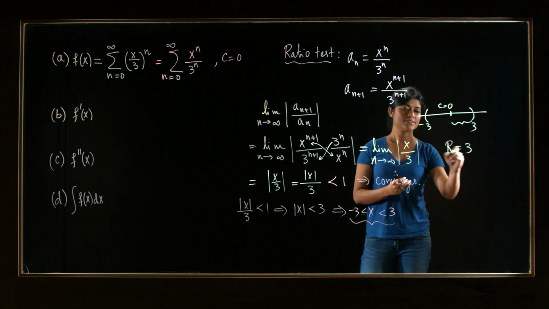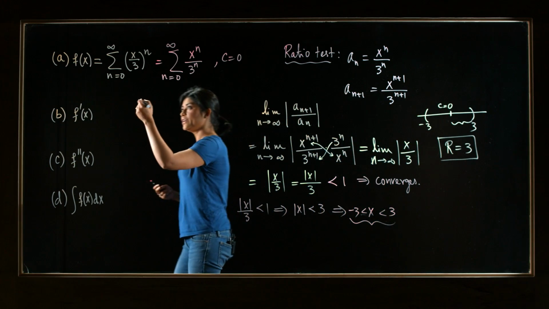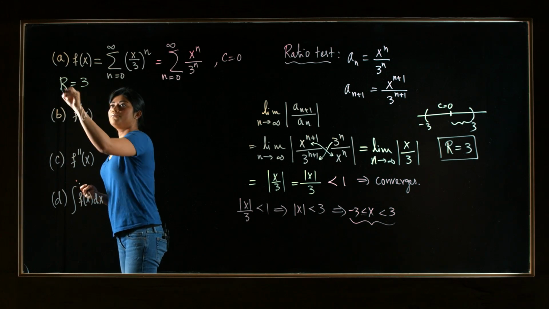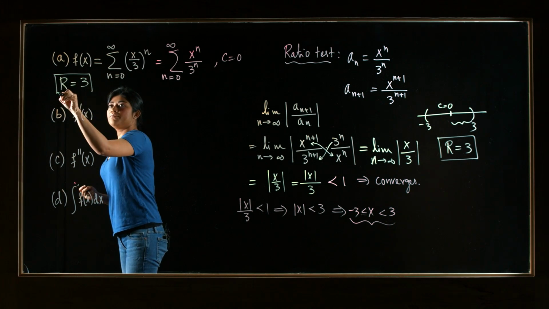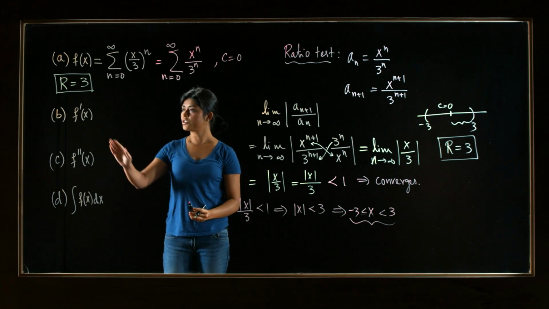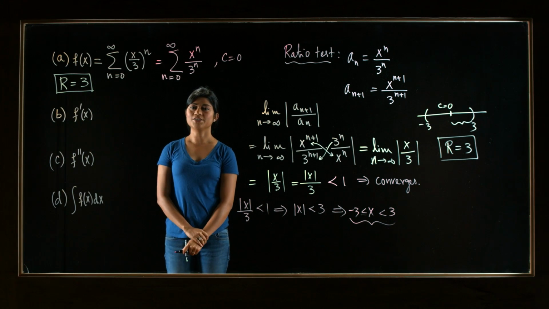So the radius is 3. Let's come back here and write it down: the radius of convergence of function f is equal to 3. Now, in the next video, we will first compute the derivative of this function and then find its radius of convergence.